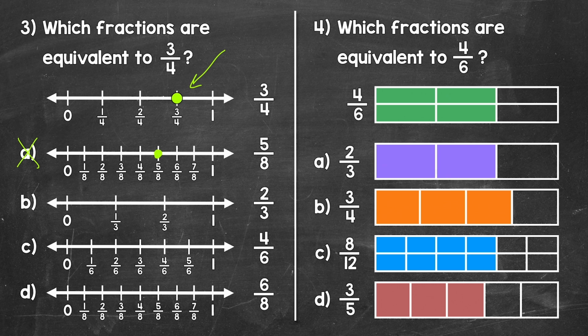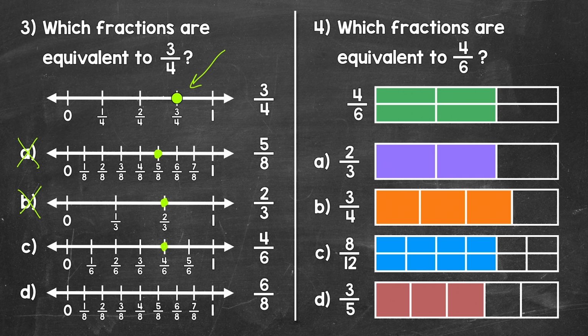Let's move on to B, 2/3. 2/3 is right here on the number line. Is it at the same place on the number line as 3/4? No, it's close, but not quite. So 2/3 is not equivalent. Moving on to C, we have 4/6, which is right here on the number line.